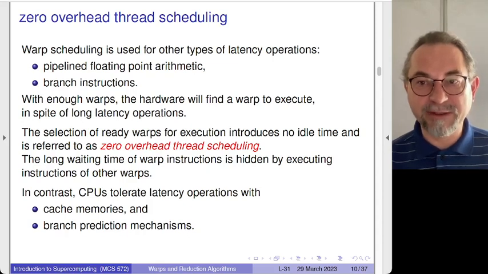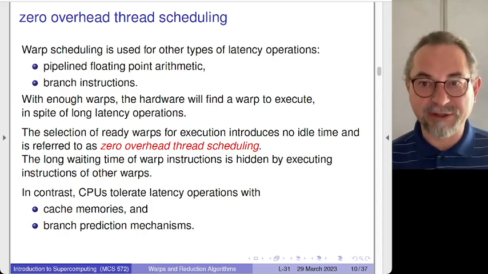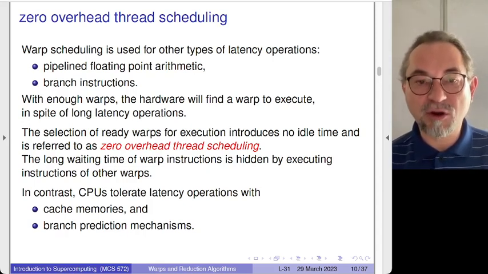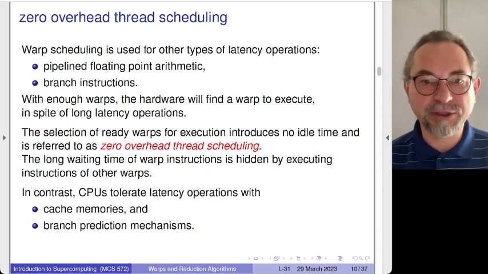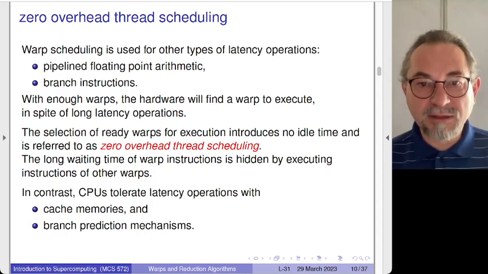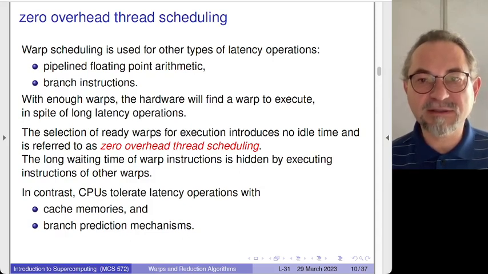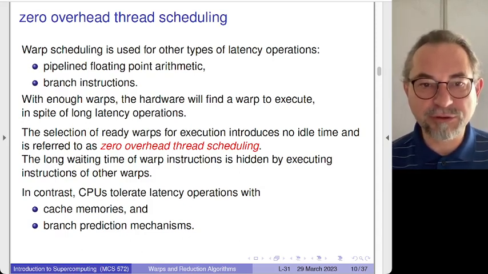So in a way, GPU acceleration and data parallel algorithms are one of the important classes of synchronized computations. Okay, this slide indicates the notion of zero overhead thread scheduling.